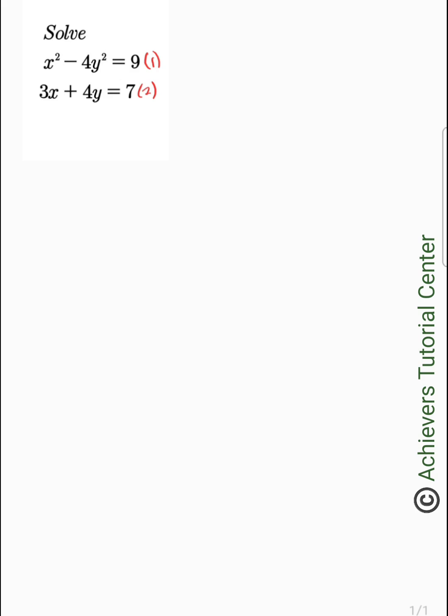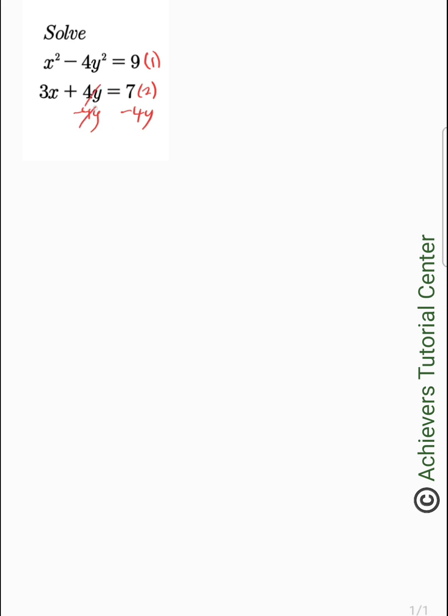equation 2. So from equation 2, you can either choose to make x or y the subject of the formula. I'll make x the subject. So we'll start by saying minus 4y on this side and minus 4y also on this side.